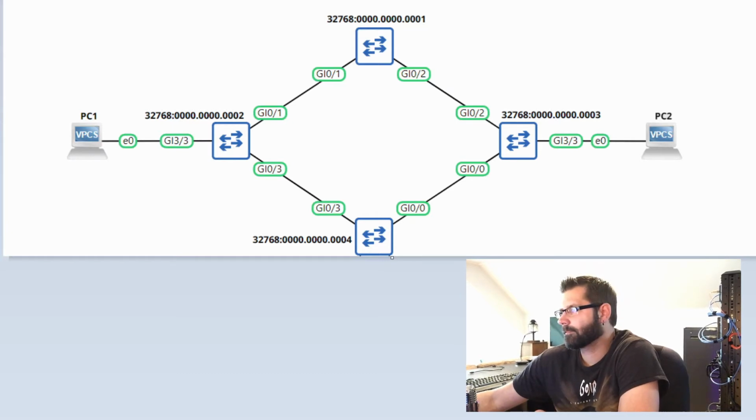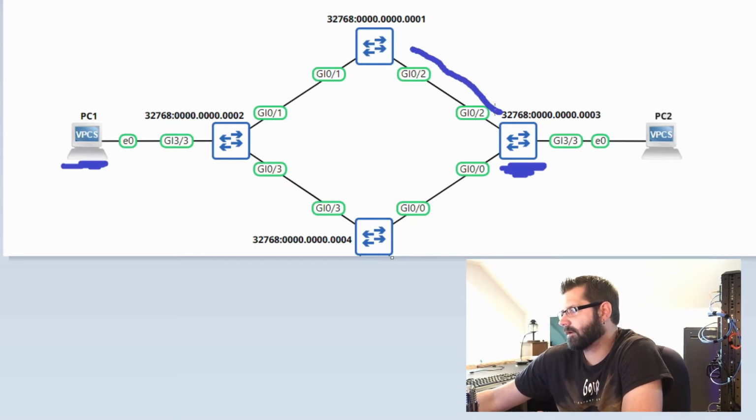Second thing would be flapping MAC address tables. So we'll take this switch right here and say the MAC address for PC1. So a frame might come in through here, and this switch goes, okay, let me update my MAC address table.